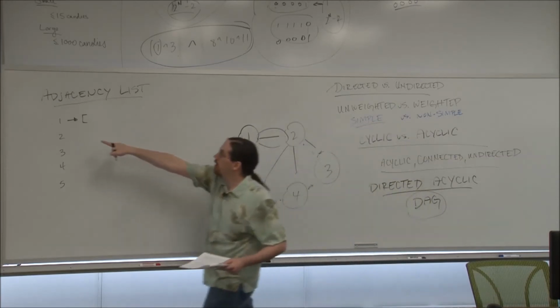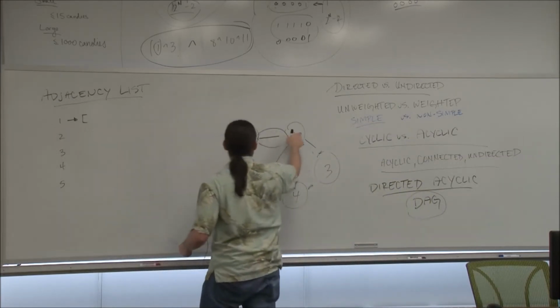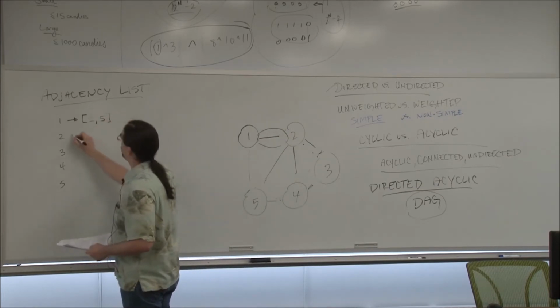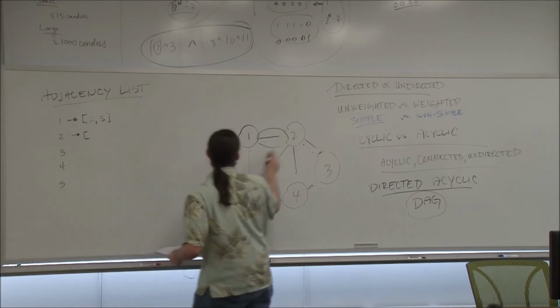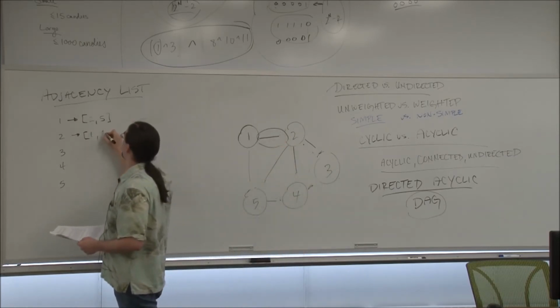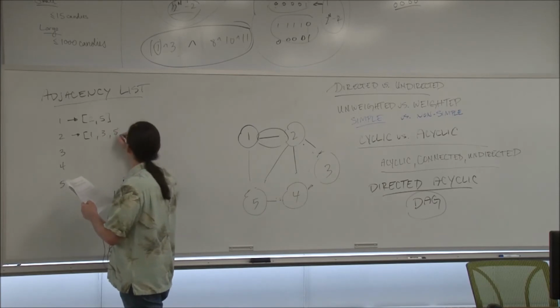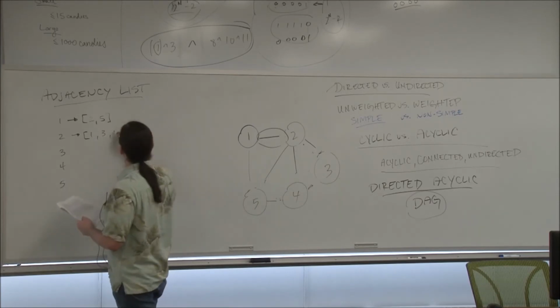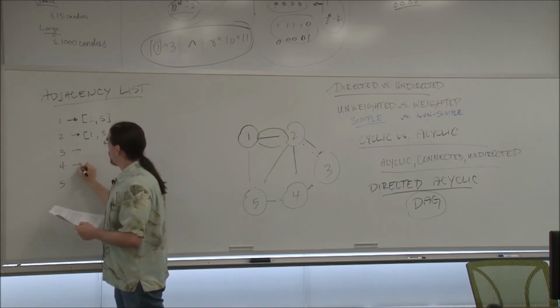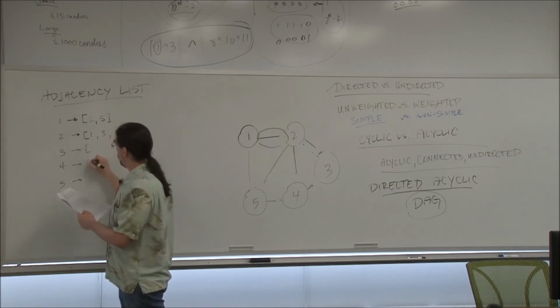So 1 is connected to 2 and 5, so that has a list 2 and 5. 2 is connected to 1, 3, and 5, so that has a list 1, 3, 5. Oh, 4 and 5. And then the same for all of the rest of them.